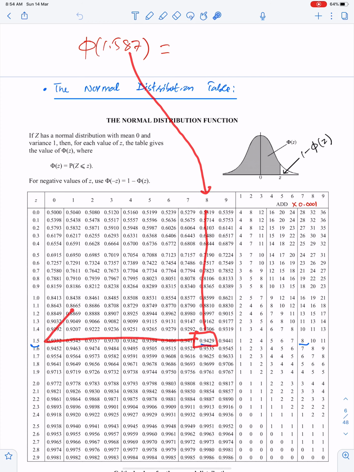So 1.58, the number is this. Next, from the third column, choose the number under the column of the fourth digit 7. Multiply this number by 0.0001 and then add the result into this number. So you'll get this thing.